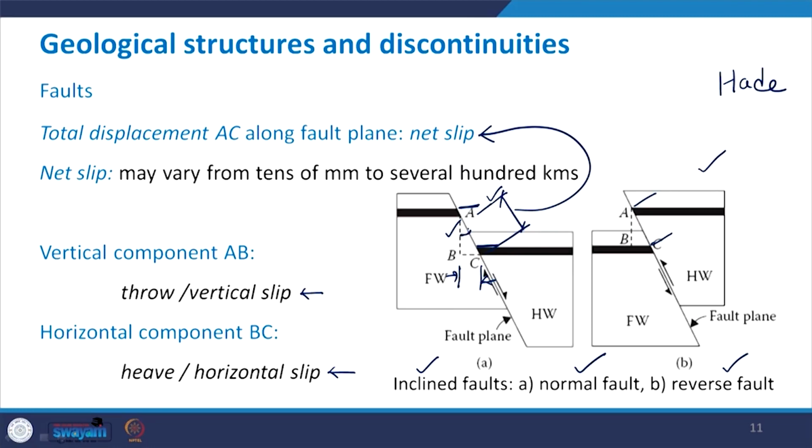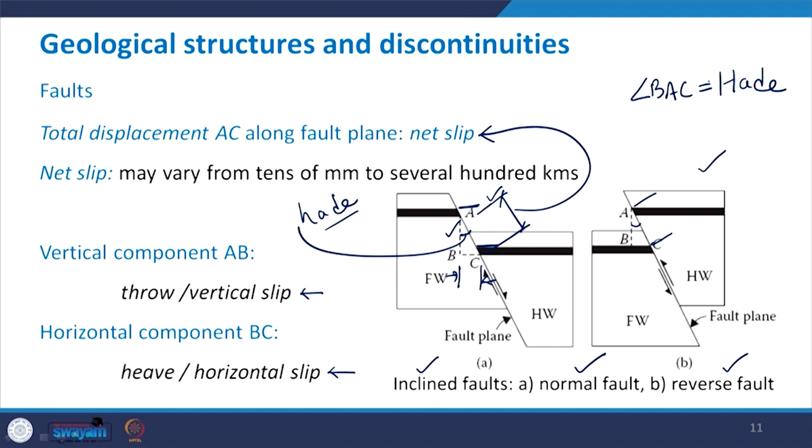So you see this angle is head in this case. That means it is the fault and a vertical plane which is striking in the same direction, and the angle between these is called as head. Similarly, in this case angle BAC. So angle BAC in this figure, that is head.